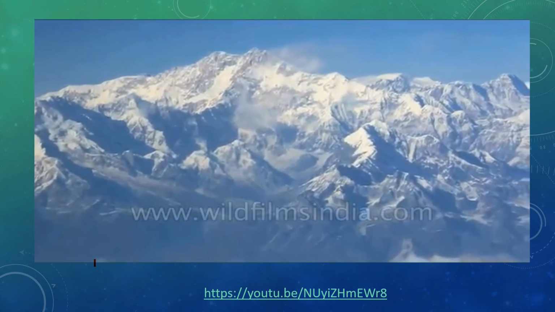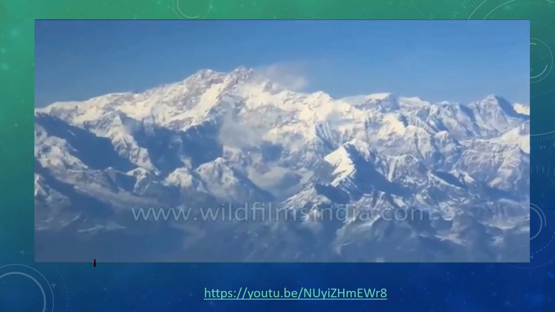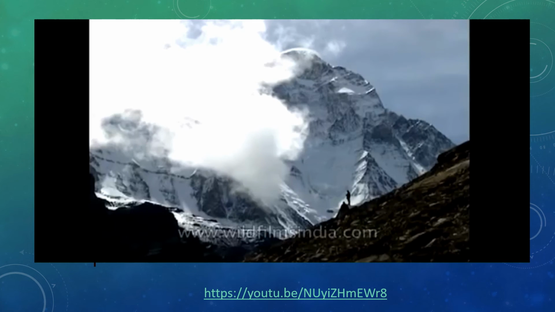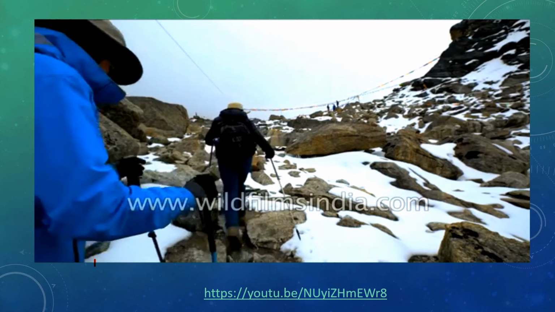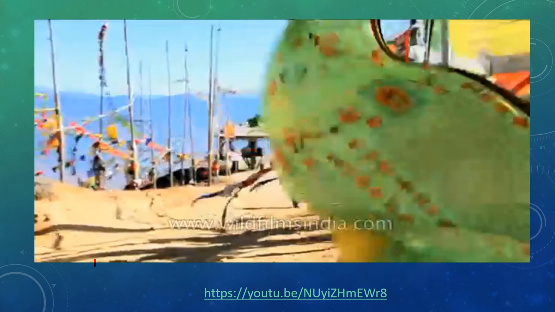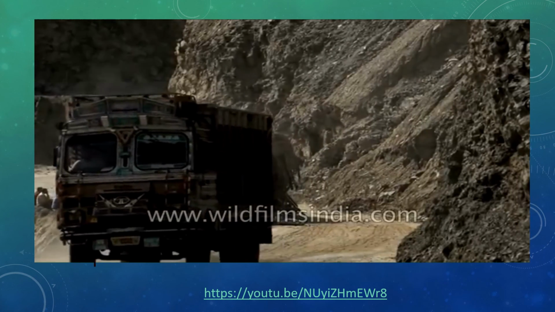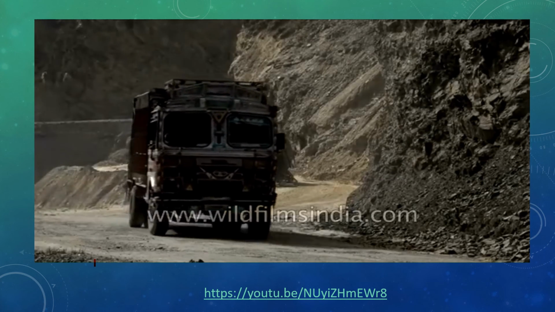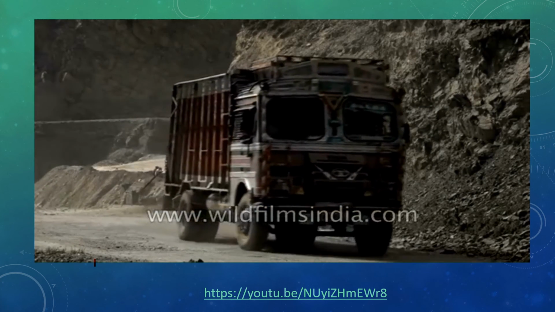Some of the other high peaks in this range are Kanchenjunga, Nanga Parbat, and Nanda Devi. The Greater Himalayan range has many mountain passes. A route through a mountain is called a mountain pass. Some important passes in the Himalayan range are Zojila, Jelepla, Shipkila, and Nathula.